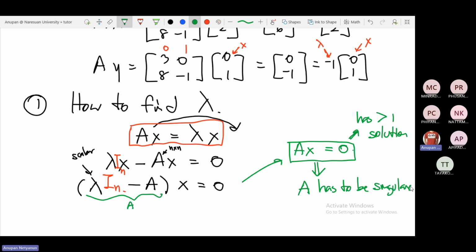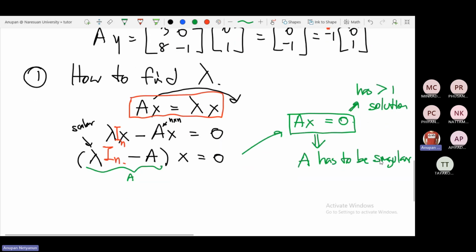Why? If A is non-singular, it means A has an inverse. When A has an inverse, this system has only one solution. So if you want more than one solution, A has to be singular. When A is singular, A doesn't have an inverse, which means the determinant of A has to be 0.